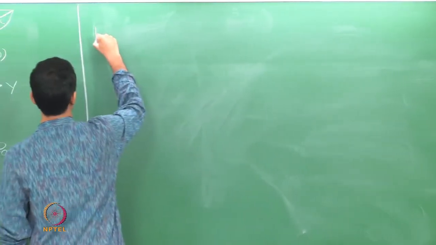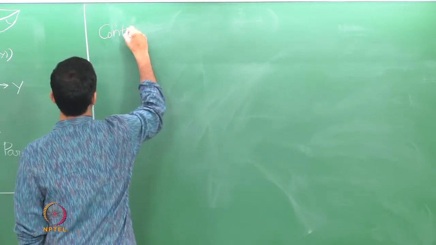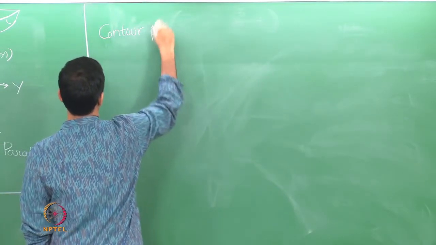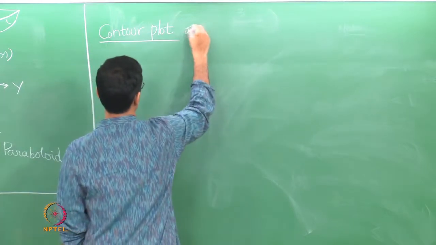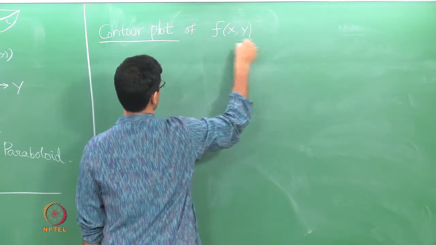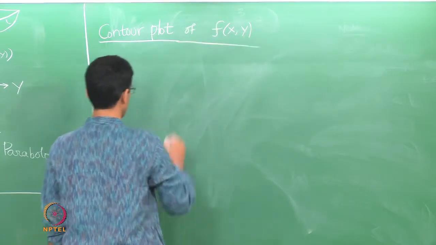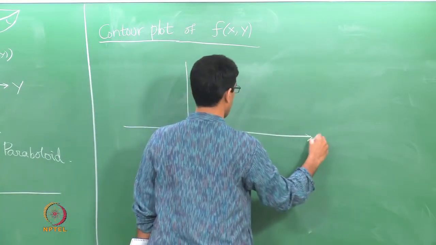This is sometimes called the contour diagram or the level curves. So, this is a contour plot of a function of two variables. What you do is, well, you do not really need a three dimensional diagram at all. You can just do all this on the plane.